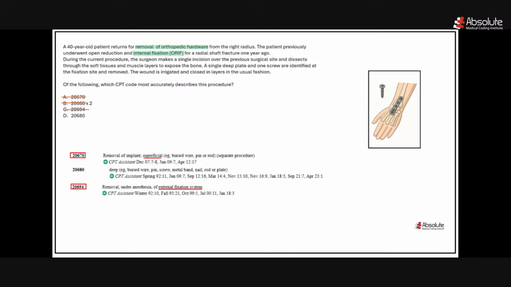Multiple use of 20680 with a modifier 59 would be appropriate when the hardware removal was performed from another fracture site that is different in anatomy and unrelated to the first fracture site. So that was not the scenario here. And option D is the correct answer.